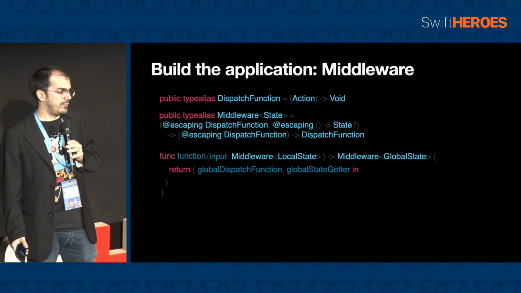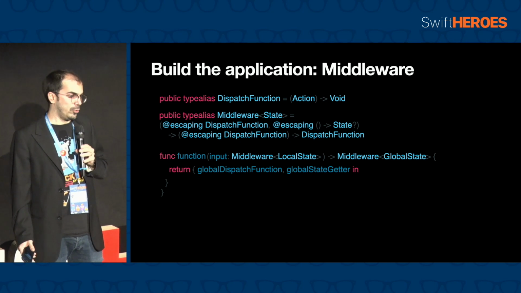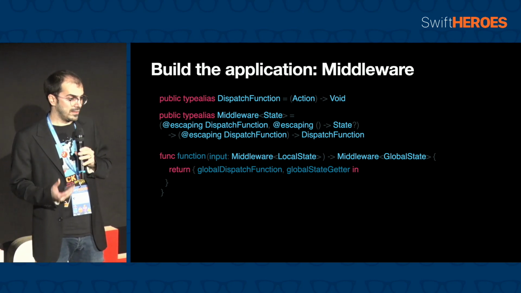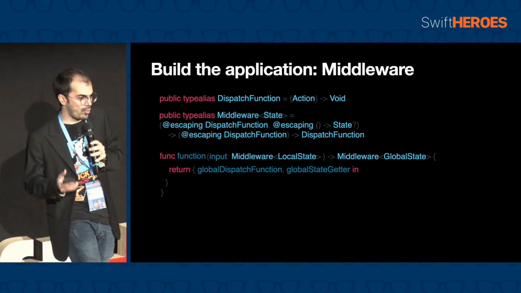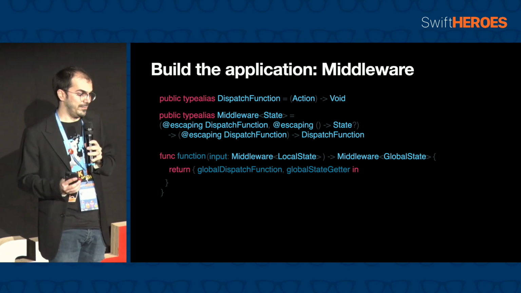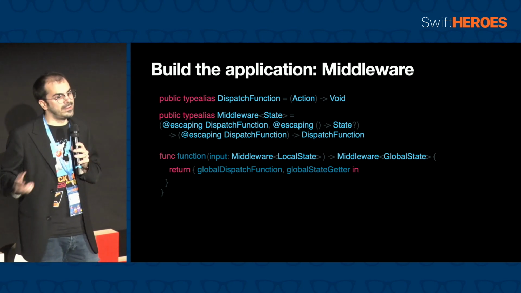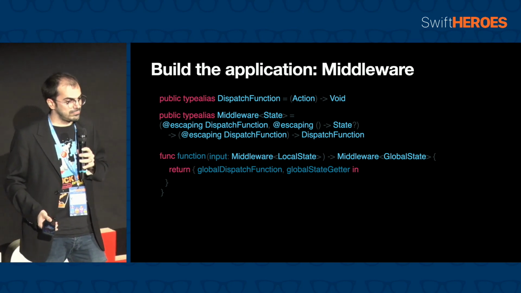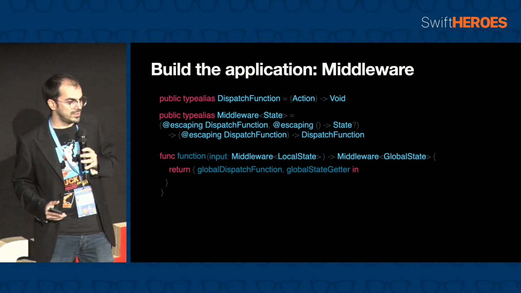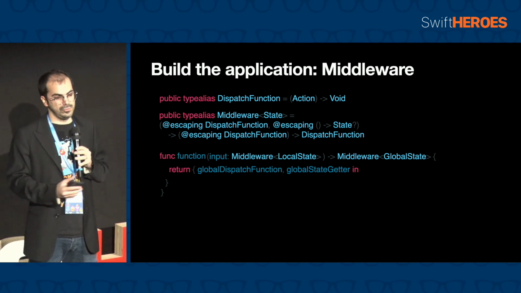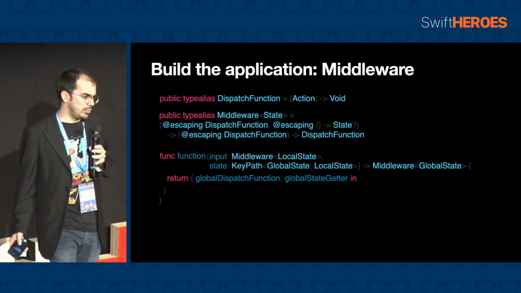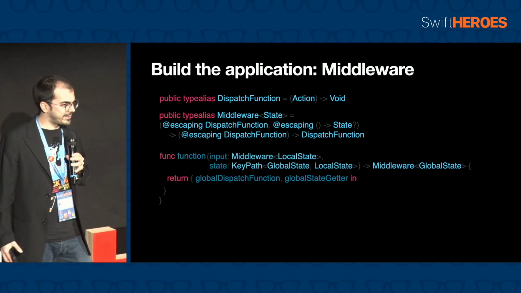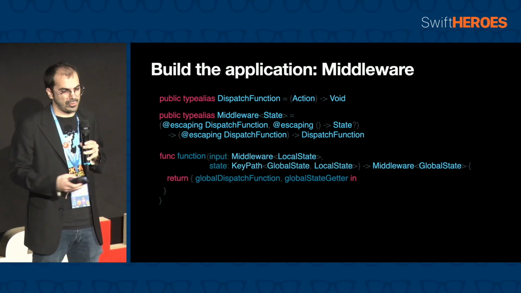But for the second parameter, which is a global state getter, for sure we should find a way to transform the global state retrieved by the getter into a local state. To do that, we need another parameter, which is a key path from global state to local state.